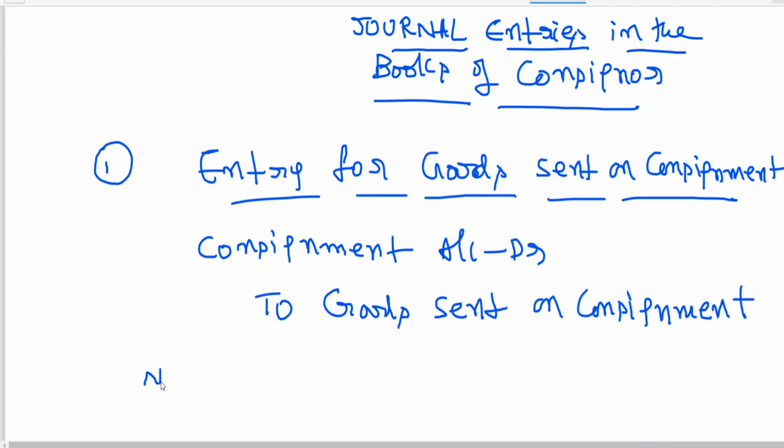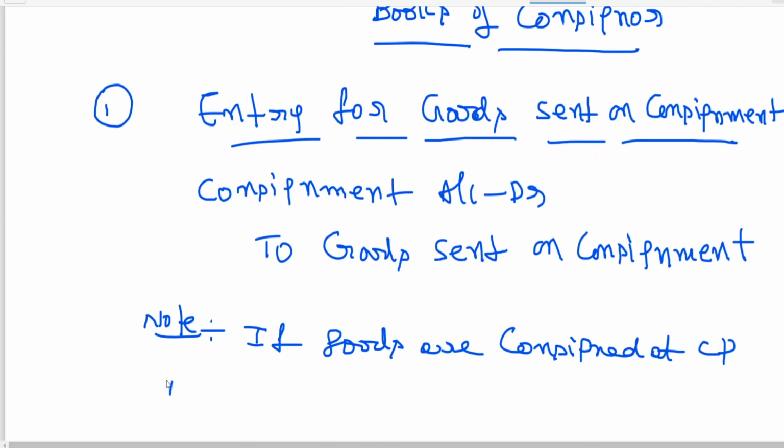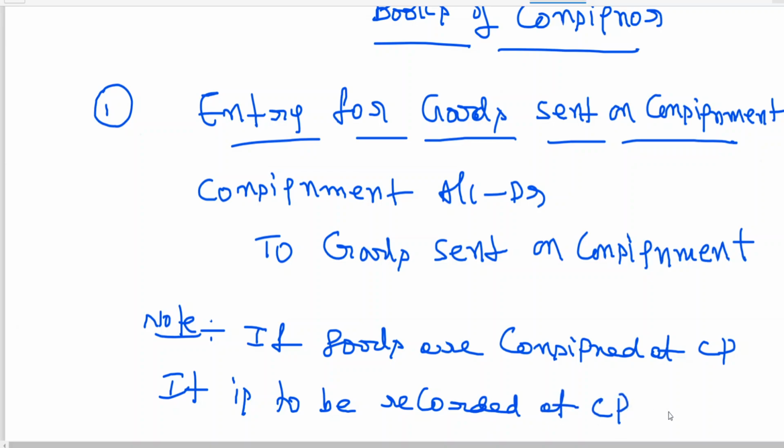Now here note, you remember, if goods are consigned at cost price, it is to be recorded at cost price. Cost price means actual price.